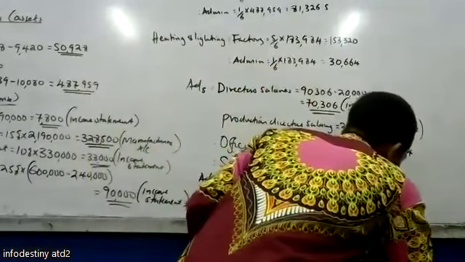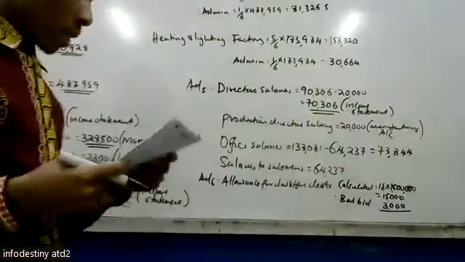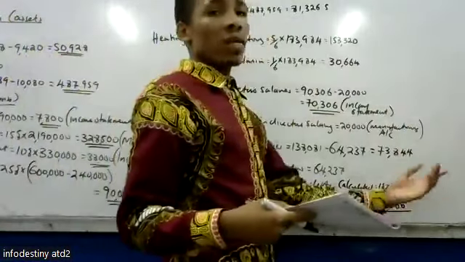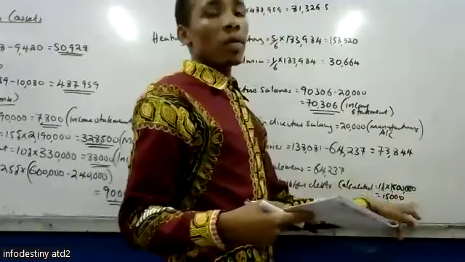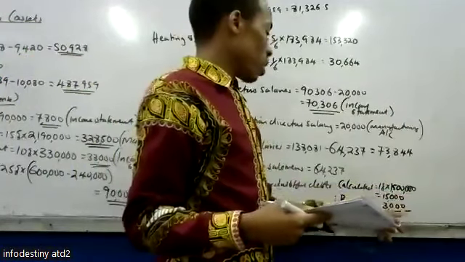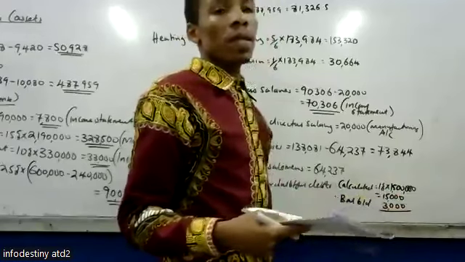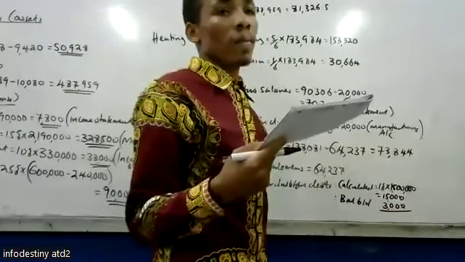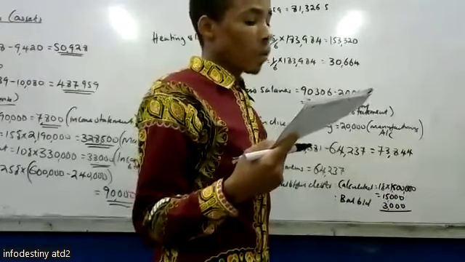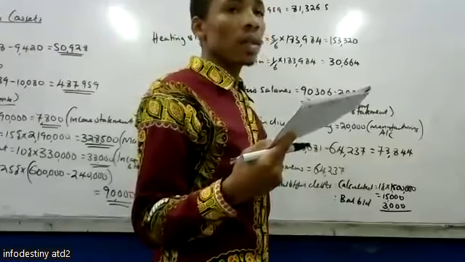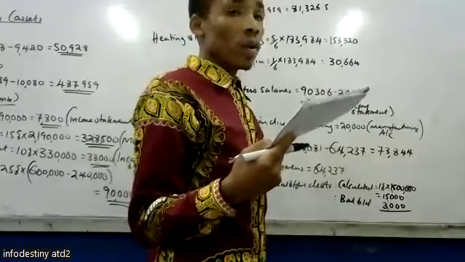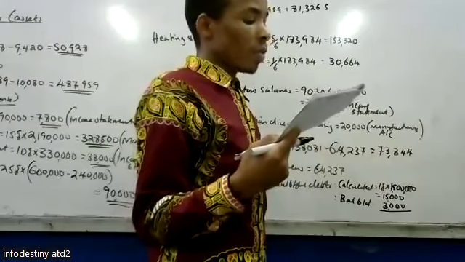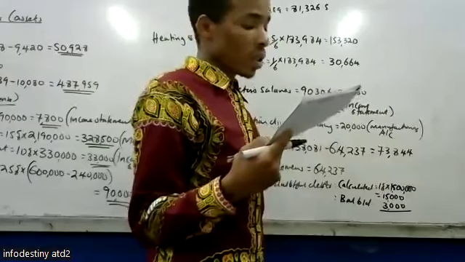So as at the beginning of the year, the allowance for doubtful debt was 3,000. But now as at the end of the year, it's 15,000, right? So it has increased from 3,000 to 15,000. So the difference is 12,000. The allowance for doubtful debt is on the other side of the question, just before the inventories, that's the opening inventories.